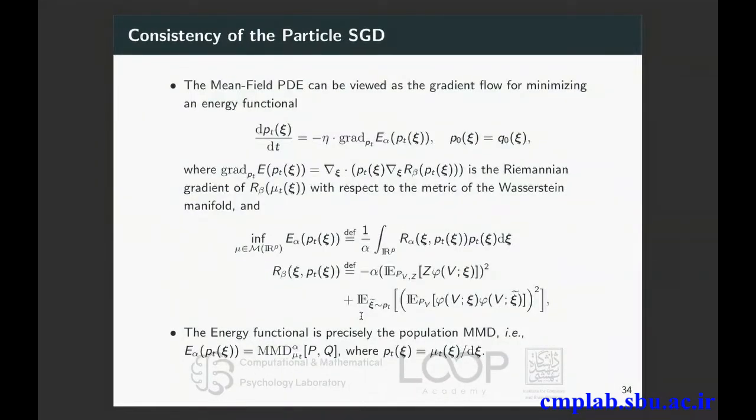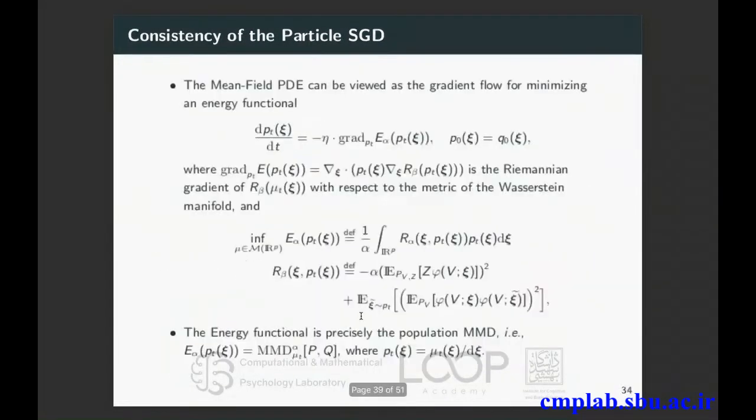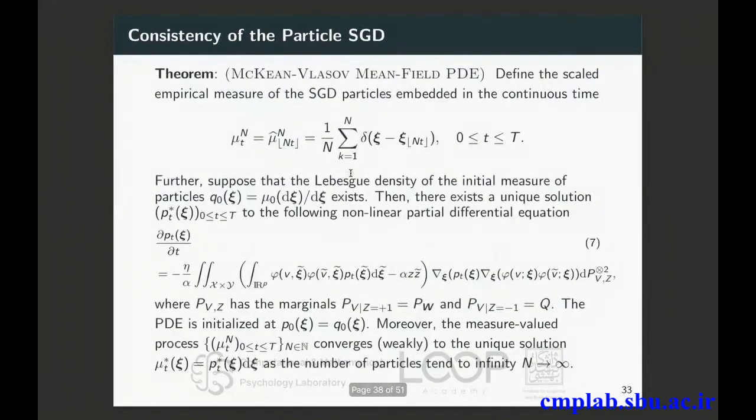Another interesting thing that we can conclude from this is that these PDEs can be viewed as some sort of gradient flow of an energy function. It turns out that this PDE is a gradient flow on some Wasserstein manifold. And what this theorem is saying is that if I have enough samples, this particle SGD is actually minimizing the distribution that I was interested in.